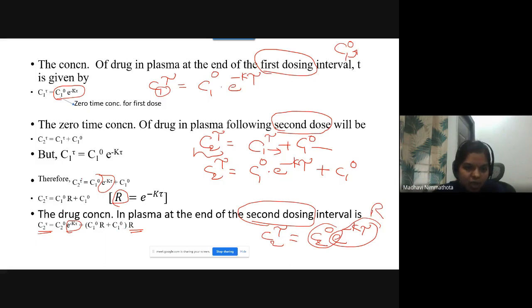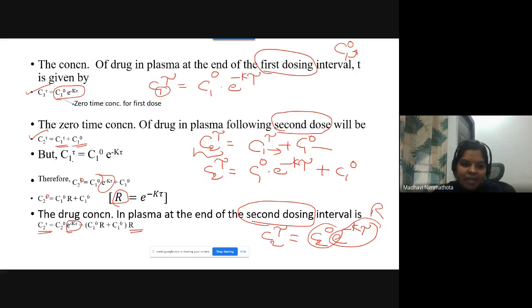Sorry, here you have to write 0. This is not tau, this is C10. See, this is the first dosing interval. This is clear. And then this is the second dose, C2 tau. For calculating the second dose, we need the first dosing interval and the initial dosing.